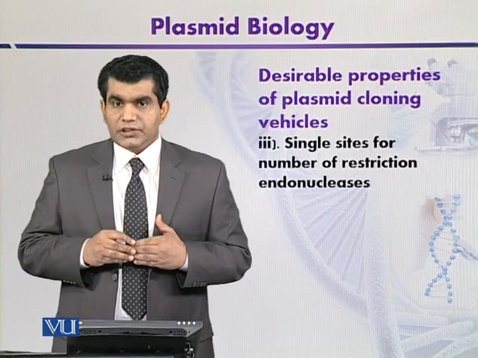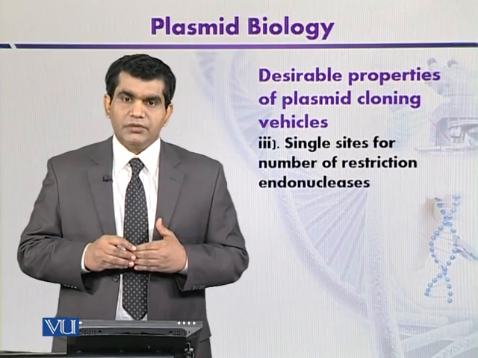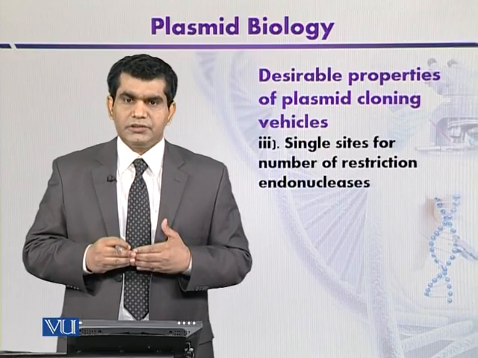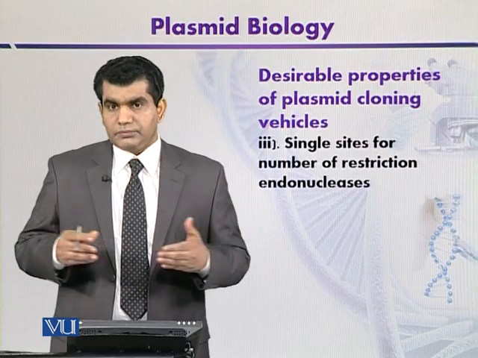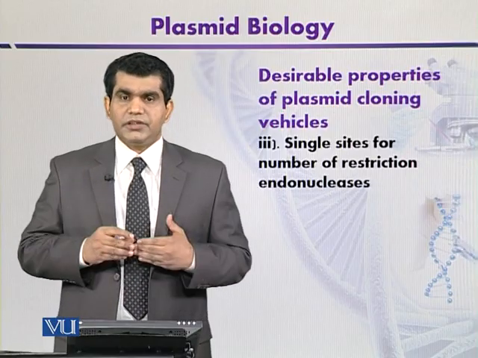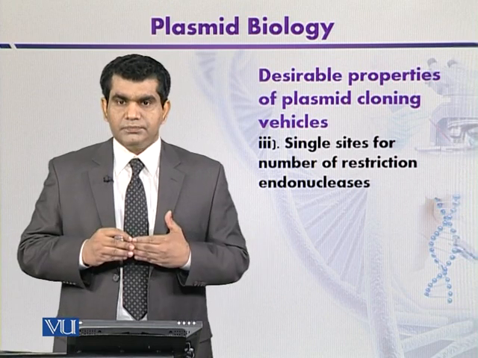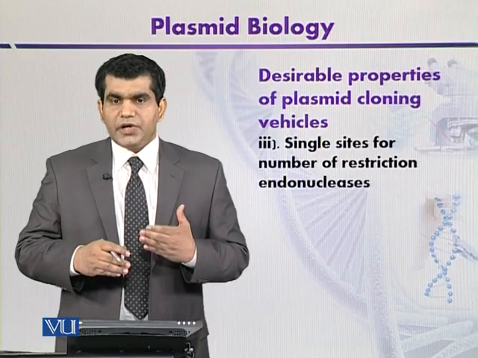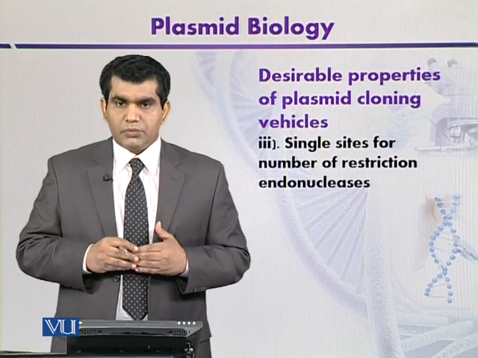We discussed previously that plasmids can harbor different types of traits like antibiotic resistance, antibiotic production, metal resistance, and so on. And all these traits, although they are dispensable for the cell, not required for the survivability of the cell, when they are present, can provide the cell a selective advantage over other microbes.